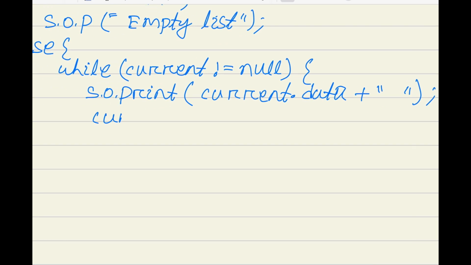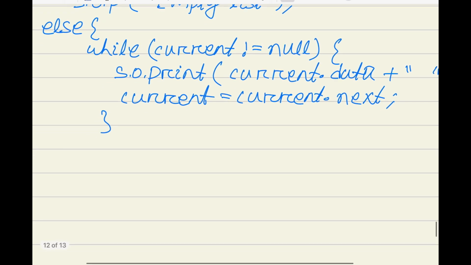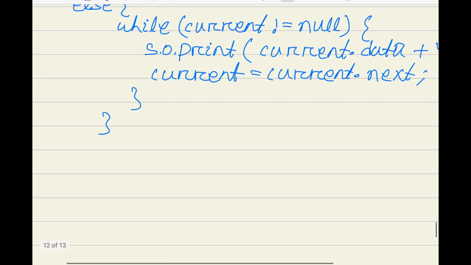Then we can write current equal to current dot next, that means current moves to the next node. So this is end of loop, end of else, then end of method.